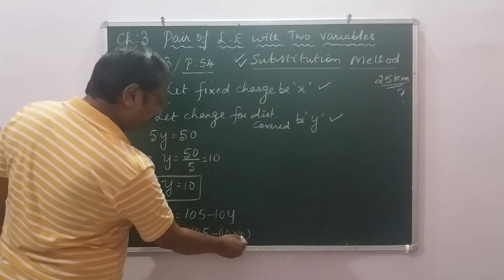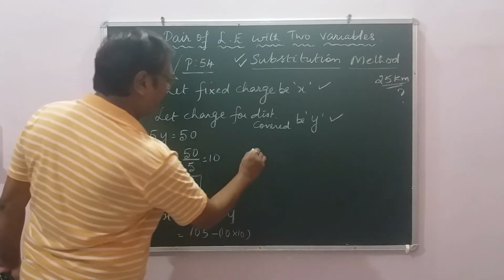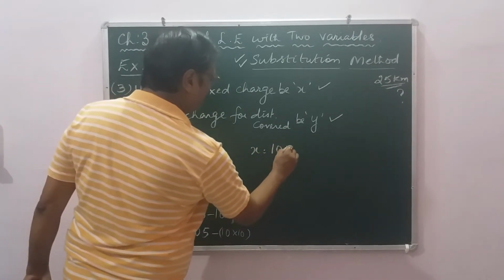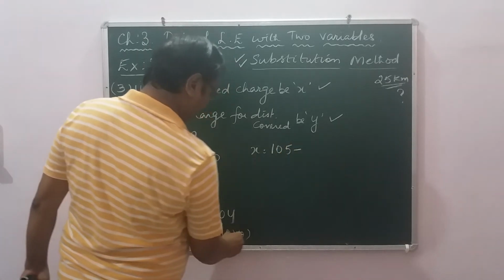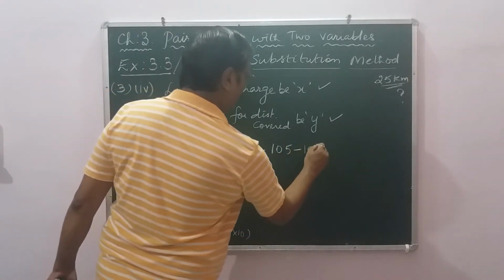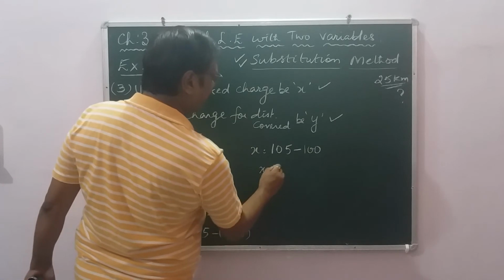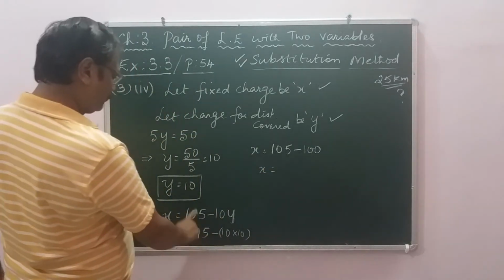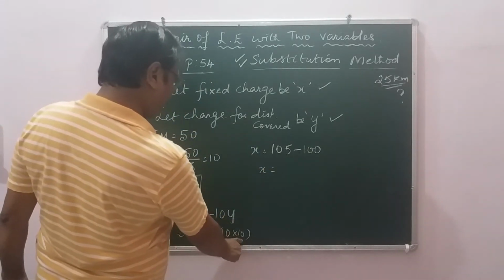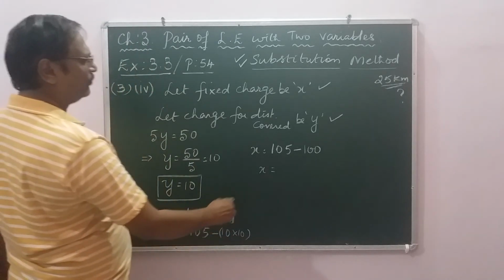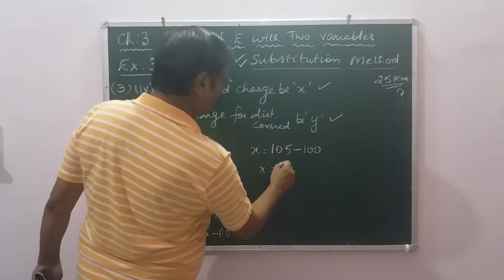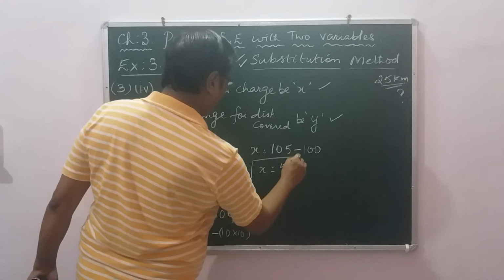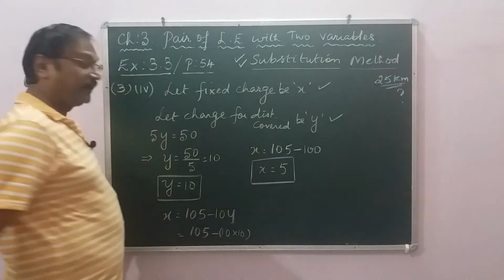So 10 tens are 100. So x is equal to 105 minus 10 tens are 100, that is 5. So fixed charge is 5 rupees.